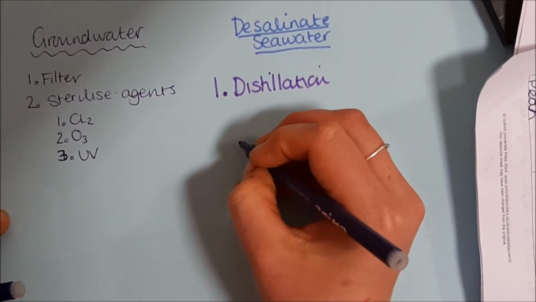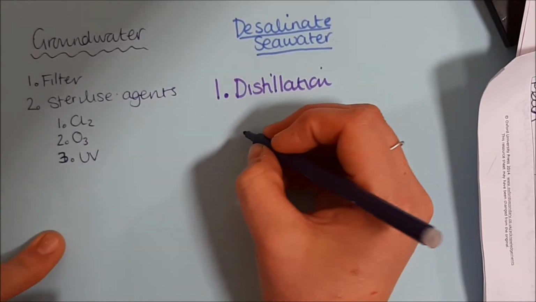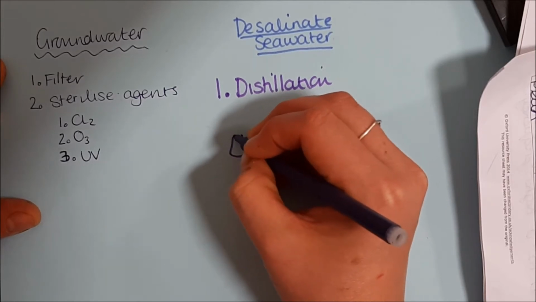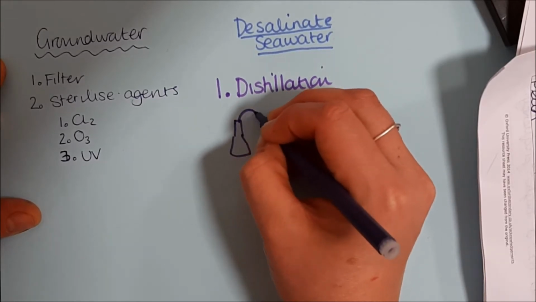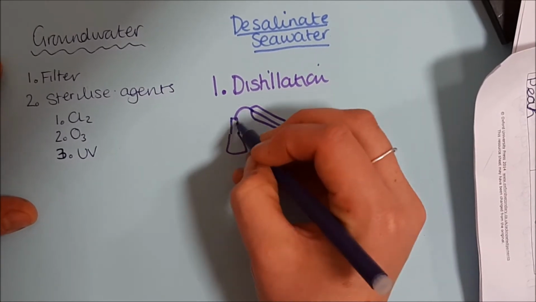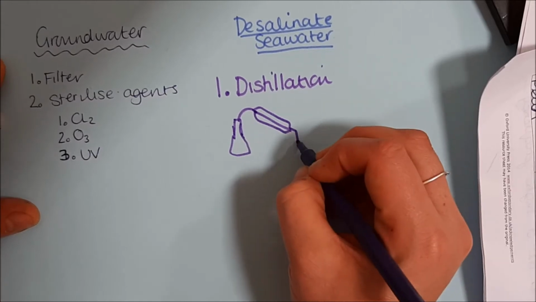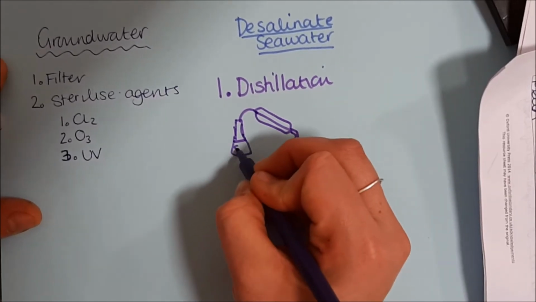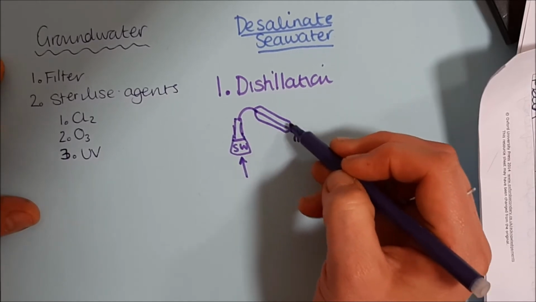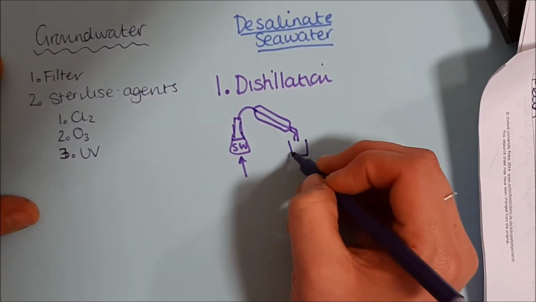So this is going to be a terrible, classic Mrs Corbett diagram. We can get our salt water, heat it up, and put it through a condenser to cool. We put our salt water in here, we heat it up here, the water will evaporate, it will condense in this, and it will come down and we can collect it here.